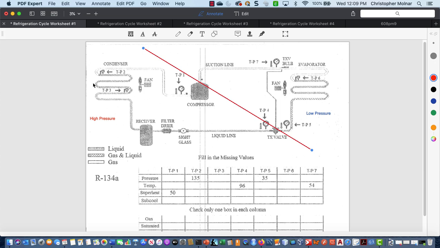Now, the other thing you have to realize is we have a change of state going on. Change of state, all I'm talking about is the change from a liquid to a vapor or from a vapor to a liquid. Let me click off of that line and add another line. I'm going to use green in this case.